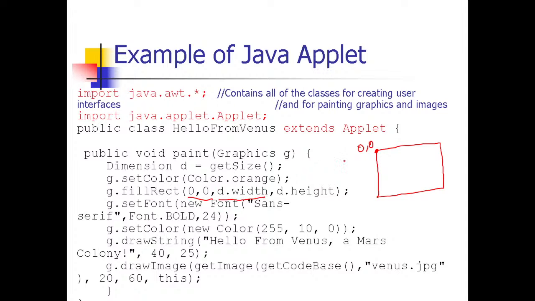Then we have to give the width, meaning the total width. That width comes from this dimension, and then the height. So fill rectangle. We had set the color as orange. So this rectangle will be filled with the orange color.